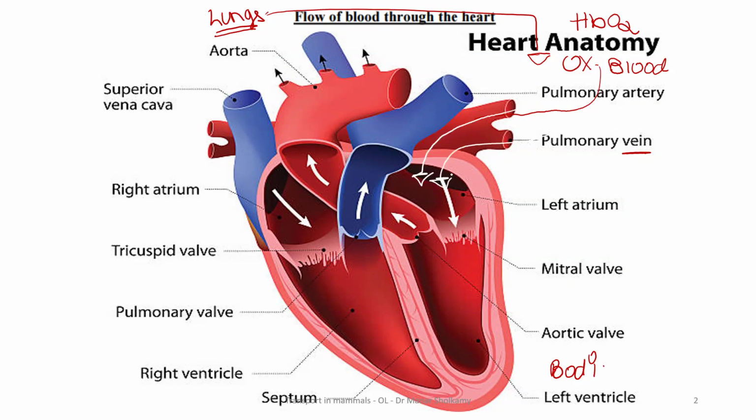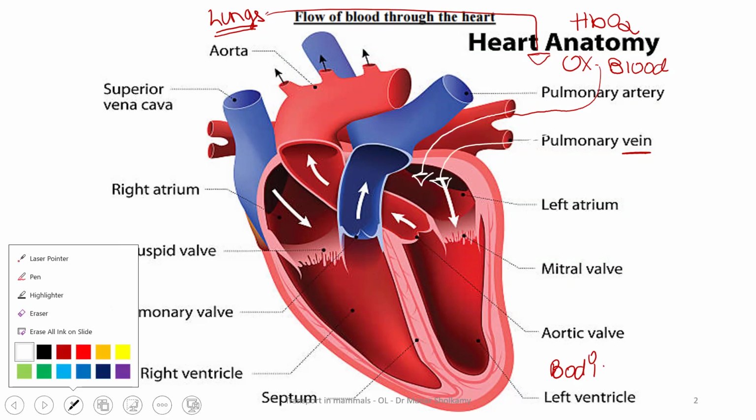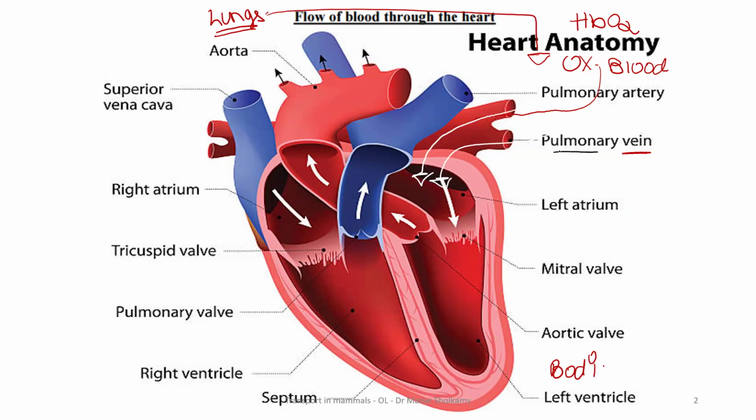Okay. Now, why is it called pulmonary vein? I will tell you why. Because the term pulmonary in biology means what? Means which organ in your body? Means lungs. Yes. Okay, so pulmonary means lungs. Vein is a blood vessel that carries blood towards the heart.